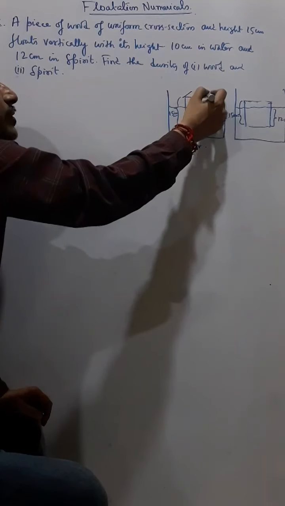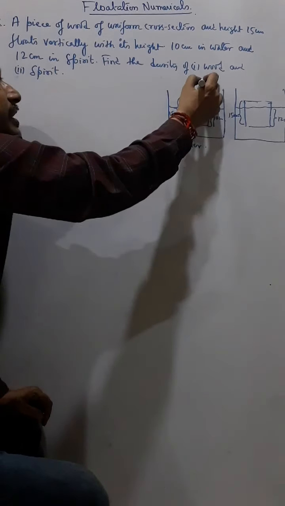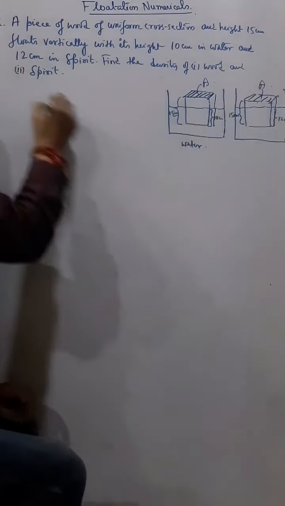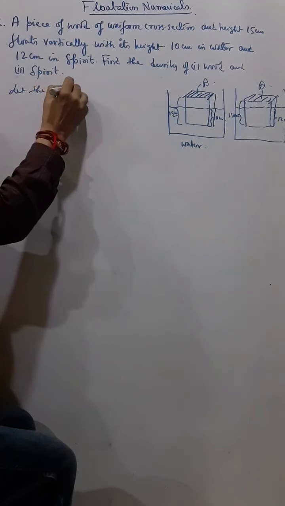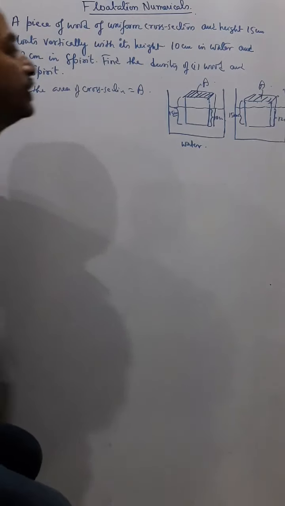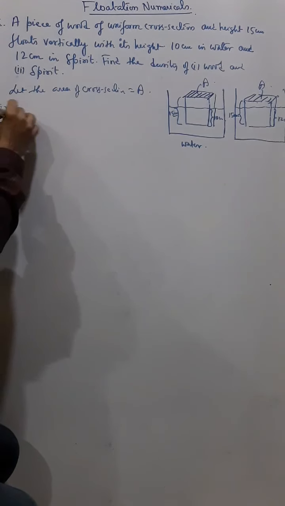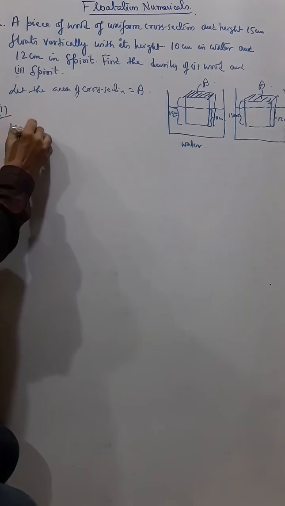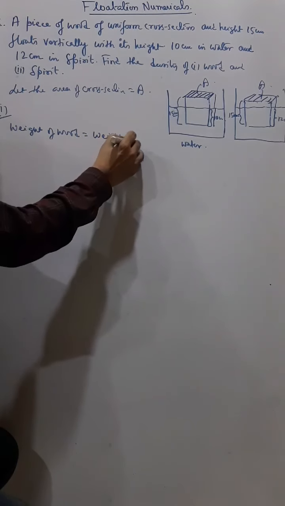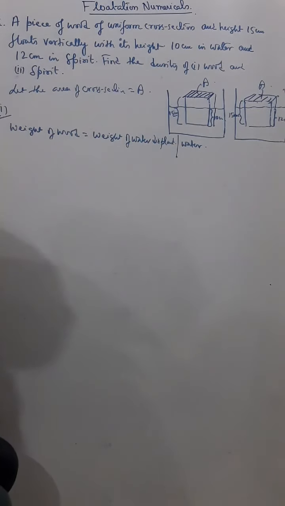If I take that uniform cross section, suppose the block looks like this. So this is the cross section area, and let this area be A. Now first, in case of water, I can say weight of wood is equal to the weight of water displaced.